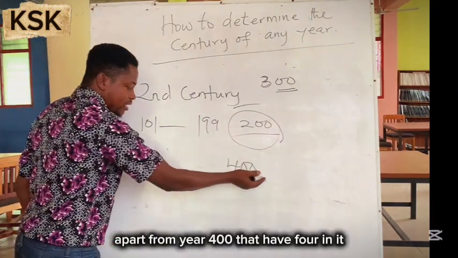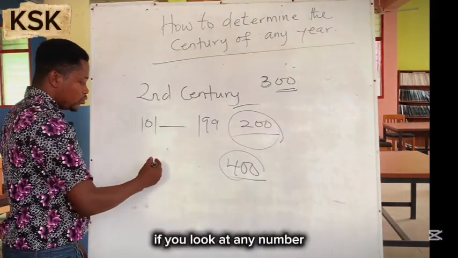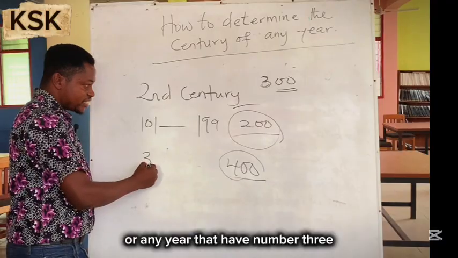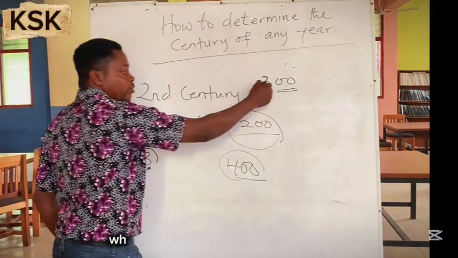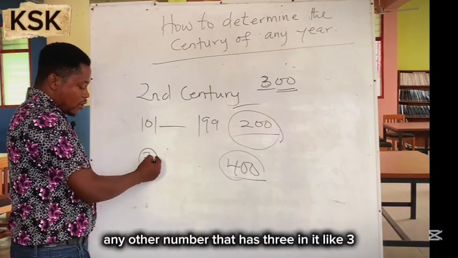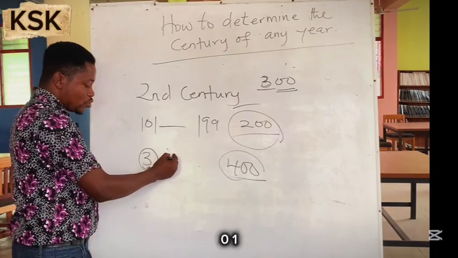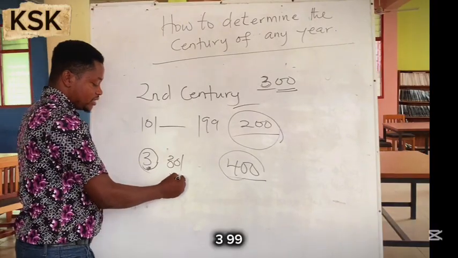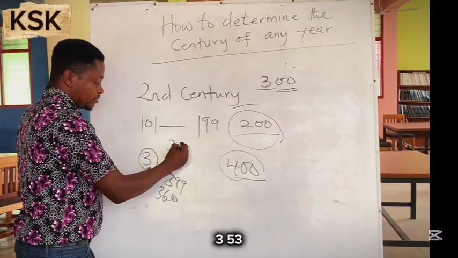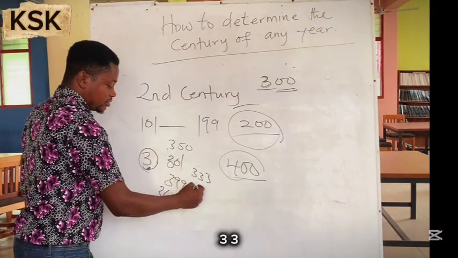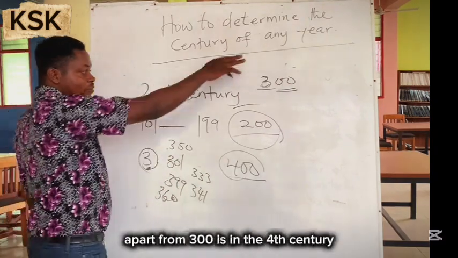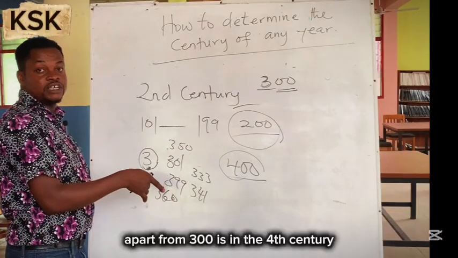apart from year 400 that has 4 in it, if you look at any year that has the number 3, apart from year 300, which is the last year of the 3rd century, any other number that has 3 in it, like 301, 399, 360, 350, 333, 341, any other year that has 3 in it apart from 300 is in the 4th century.